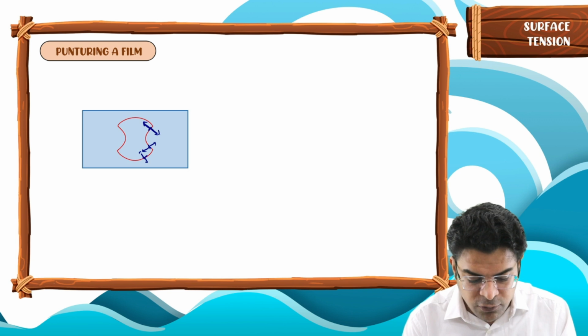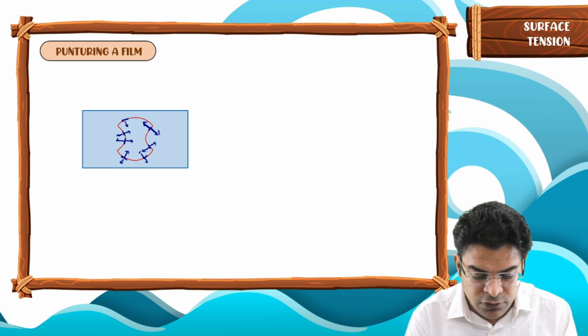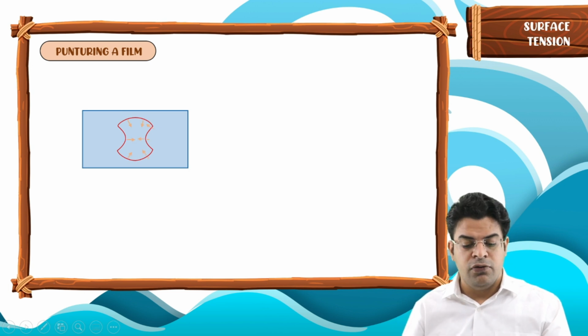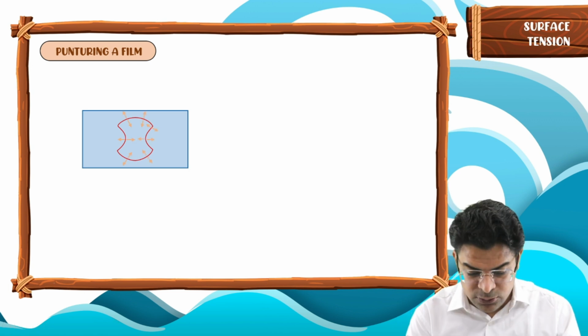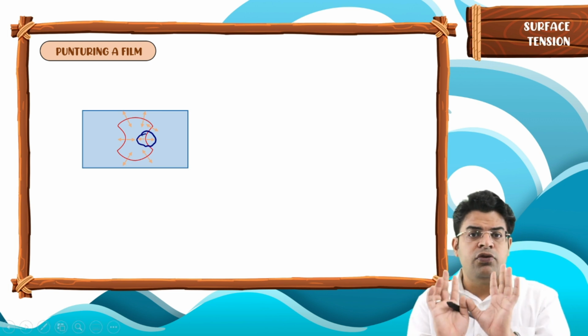So the net force on any small length of this thread will be zero because of the fluid inside and the fluid outside. So visualize the force of surface tension due to the fluid inside the loop and due to the fluid outside the loop. On any small part, the force of surface tension will cancel out, so the net force will be zero.